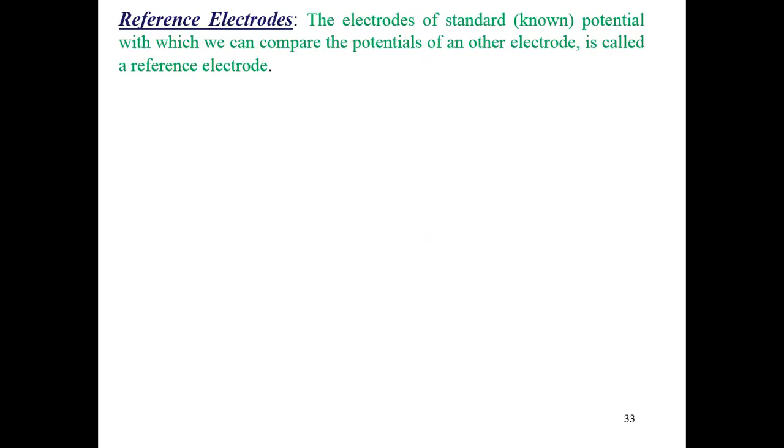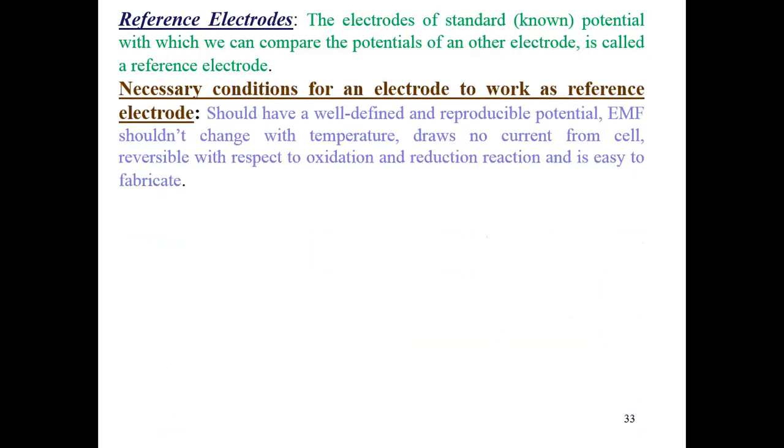So for any electrode to work as a reference electrode, there are certain conditions to be satisfied. There are four different conditions. First, it should have a well defined and reproducible potential. Its potential should be the same each time you carry out a measurement.